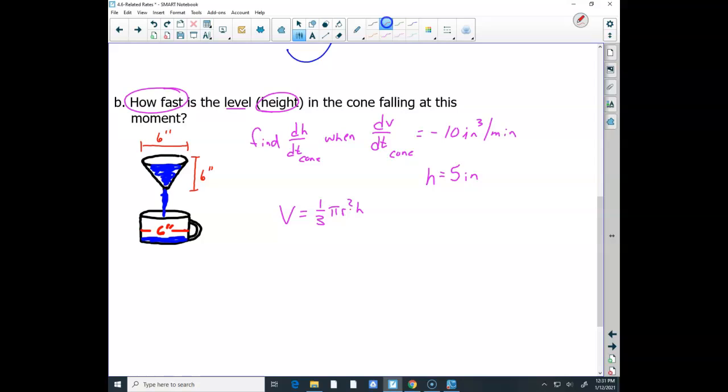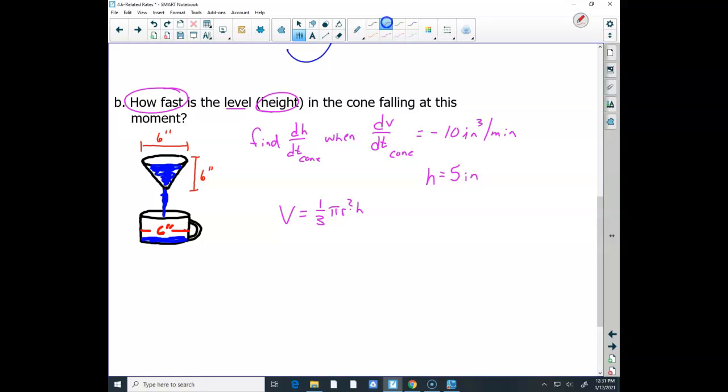And please understand, the dH/dt of the cylinder is going to be different than the dH/dt in the cone, because my radius and height are changing at different rates than the height is changing in my cylinder, or my coffee pot on the bottom.